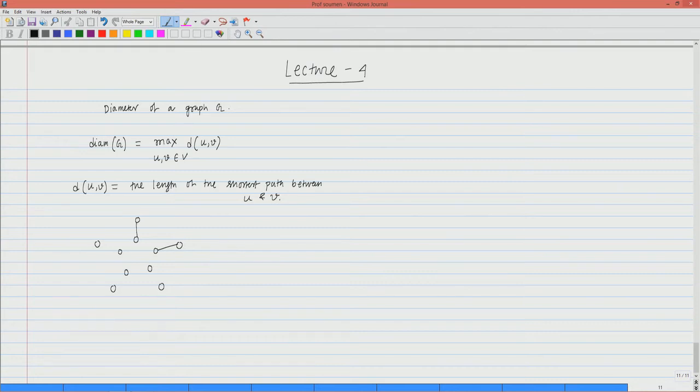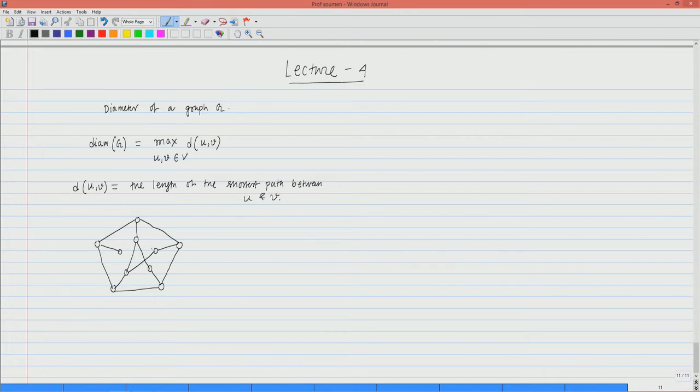So, these are the edges of this graph. And this edge is adjacent to these two edges.